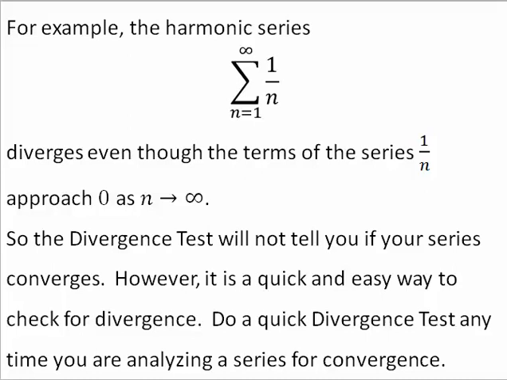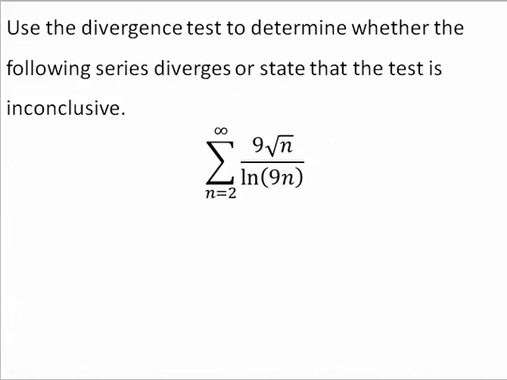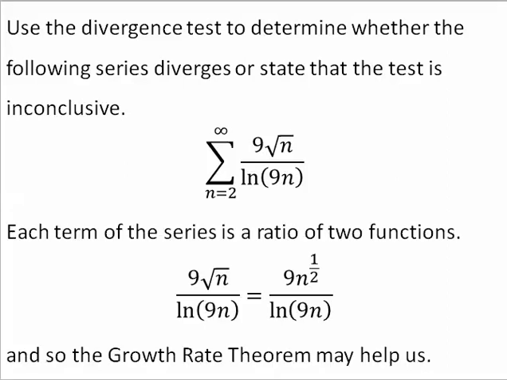And by and large, the divergence test is the easiest. Now I'm going to take a little bit longer to do the problem that we have, but that's only because I'm trying to give you some background information that I hope will help you. All right, so with our problem, we have the ratio of two functions, and so I'm going to use the growth rate theorem. So maybe you don't know the growth rate theorem.